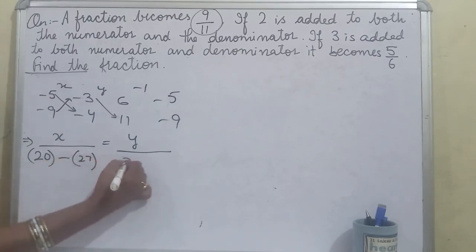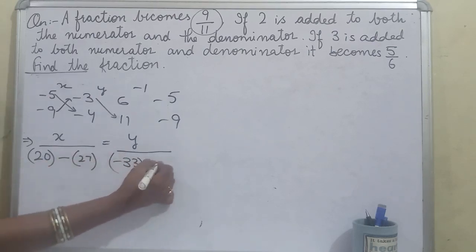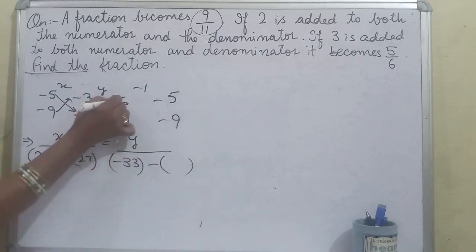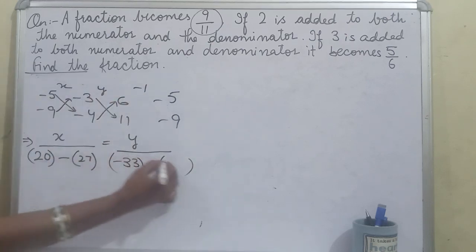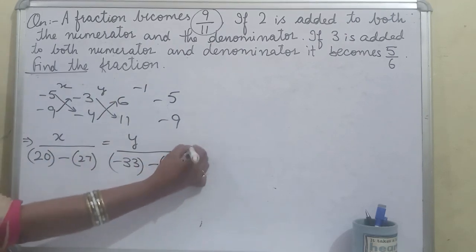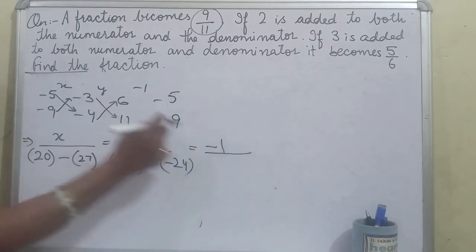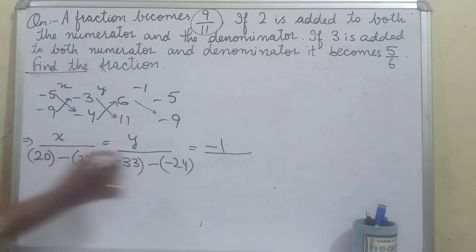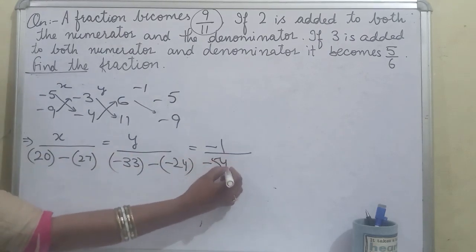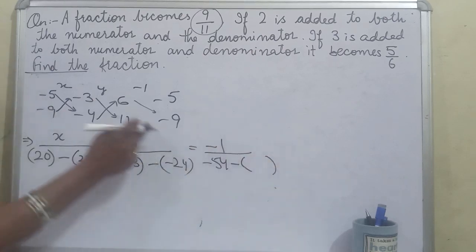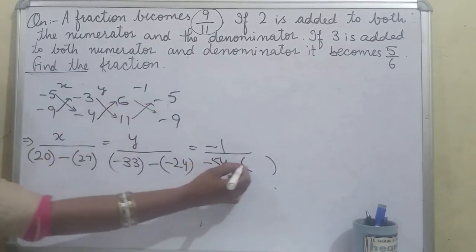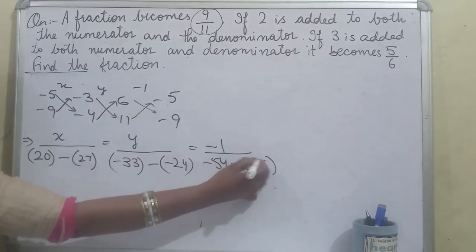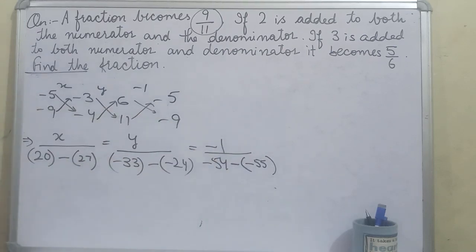Very good. Minus 33, a sign of minus, and 24, minus 24, equals minus 1 upon, minus 6 into minus 9, minus 54, minus 55. Minus 55, not 55 but minus 55.